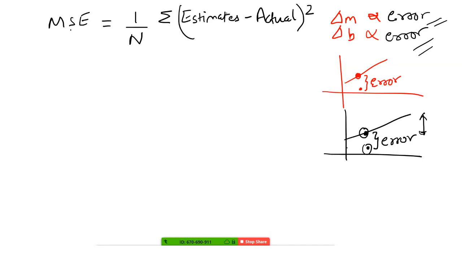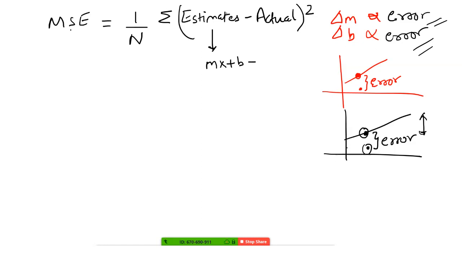Okay, so do we know something about the estimates over here? Do we know the equation for the estimates? So what is estimates equal to? What are the values of estimates of the y predictions? It is mx plus b, right? So this can be written as mx plus b minus the actual value.